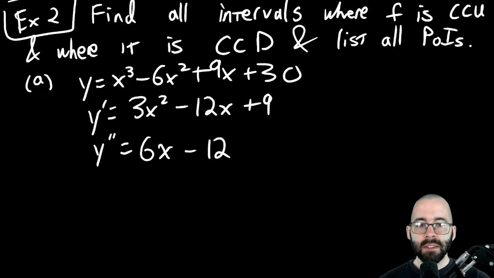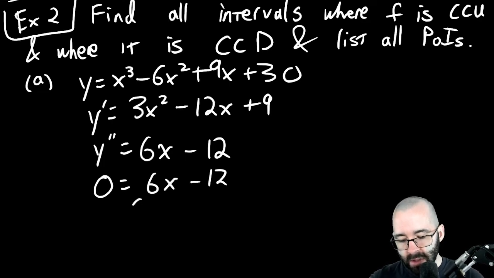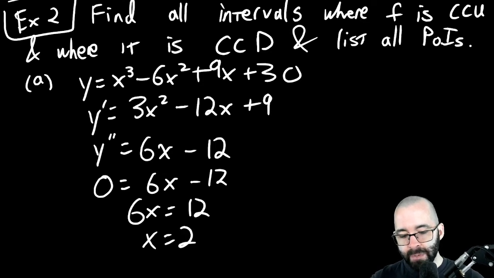In order to answer that question, since this is continuous, we really only have to look at where it's 0, because the only way it can change from positive to negative, if it's continuous, is when it equals 0. So it equals 0 when 0 equals 6x minus 12, when 6x equals 12, when x equals 2.